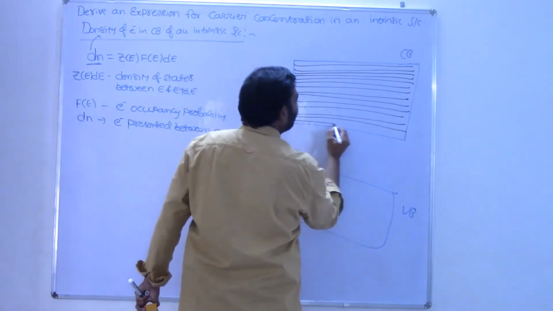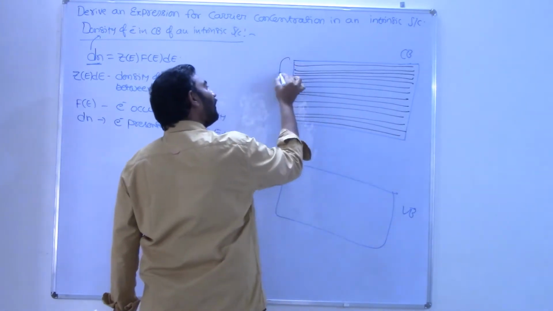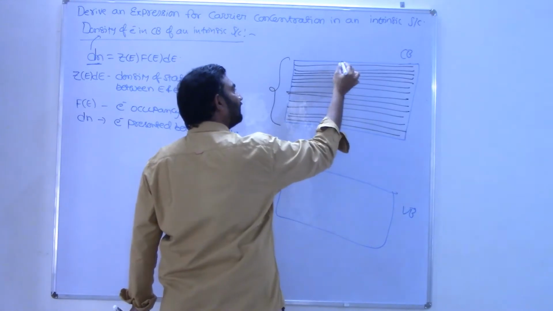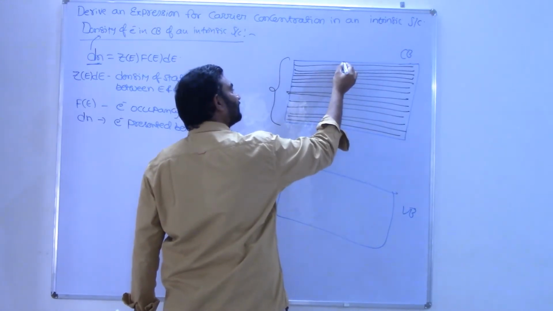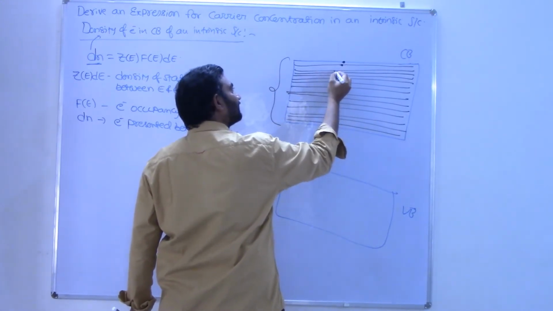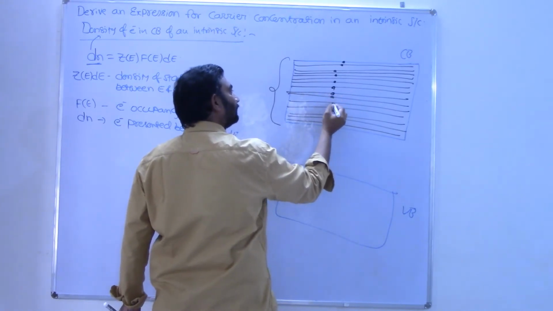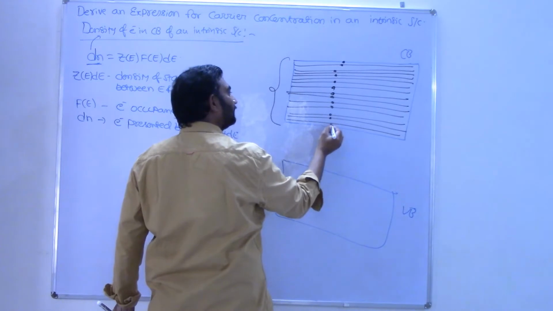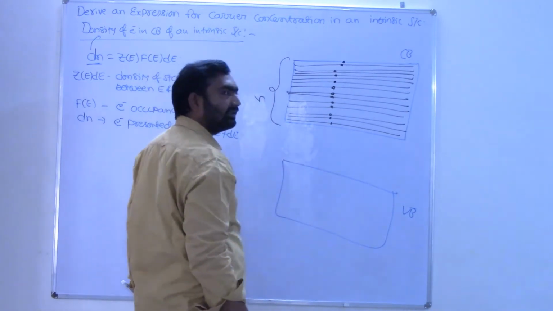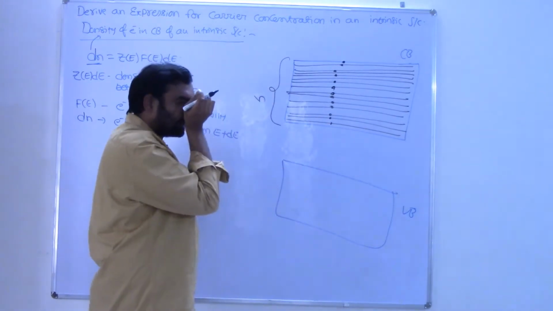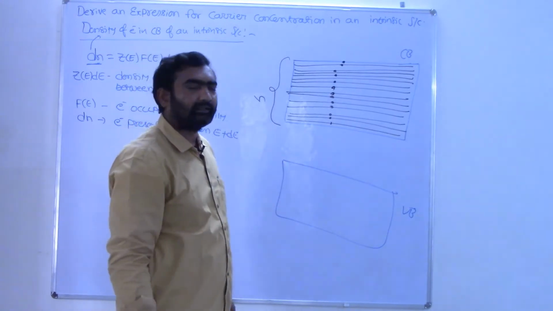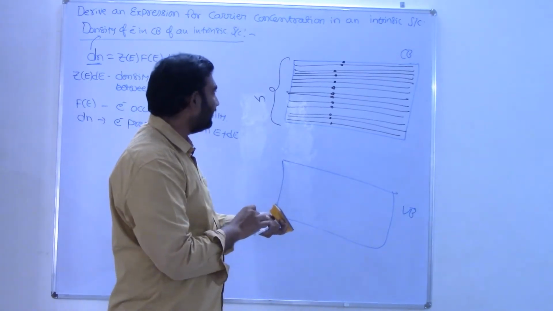Here my task is to calculate how many electrons are there in this conduction band. That is nothing but n. But here I am not able to calculate n directly. So for this I have an idea.